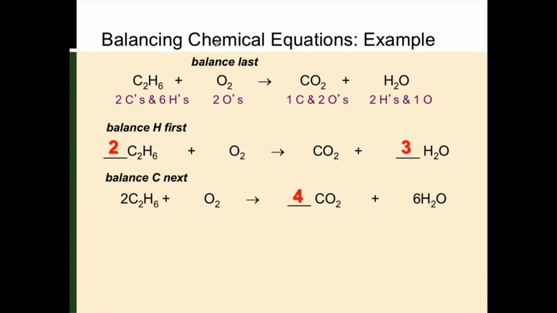All right, so far so good. So we have 4 times 2 is 8 oxygens here, plus 6 here, gives us a total of 14 oxygens needed.